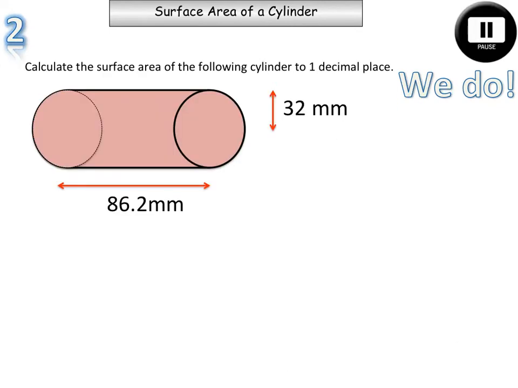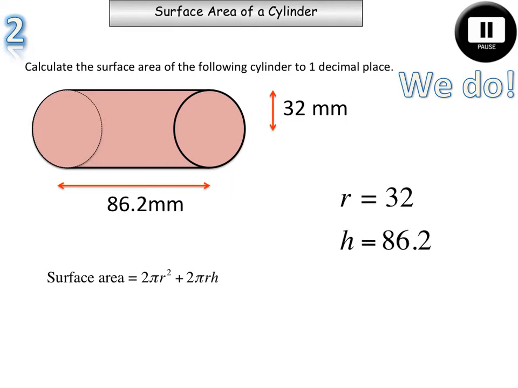It's your turn, so pause the video right now and work out what the surface area is. This time it's to 1 decimal place, and we'll see how you measured up. Okay, so here's our formula, 2 pi r squared plus 2 pi r h, radius 32, we don't have to change that, and our height is 86.2.